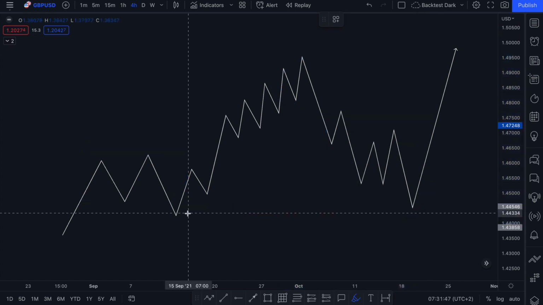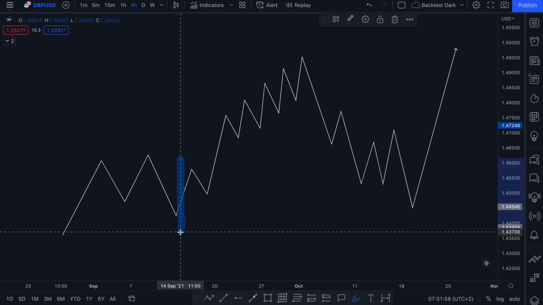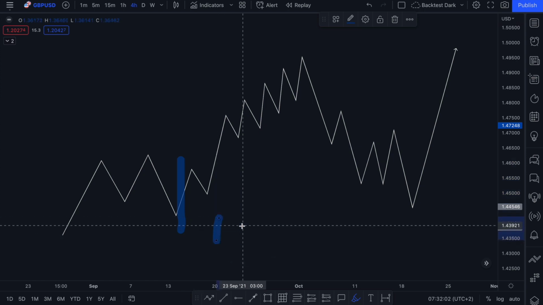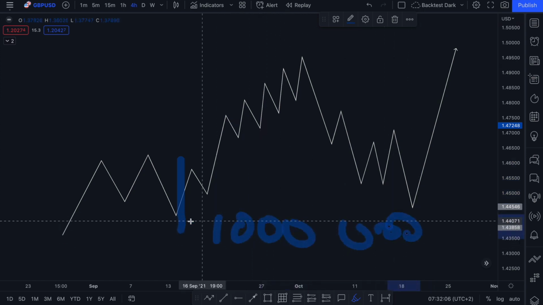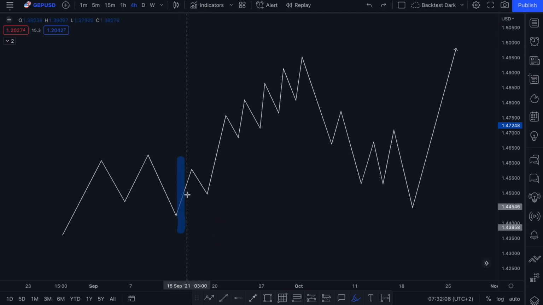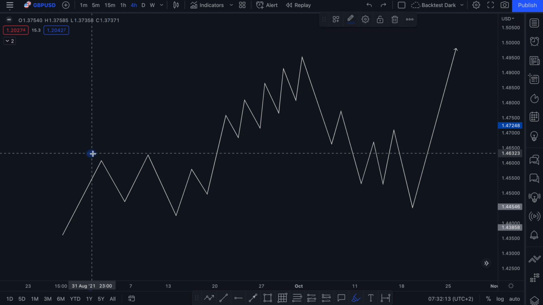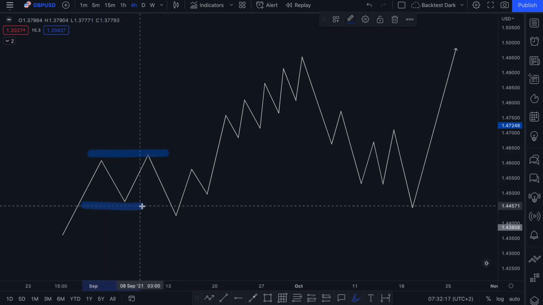At the open of the London session, this financial institution would like to get involved in GBP USD. But at this point, there isn't enough liquidity for them to execute on their 1 million lots, because prior to the London open, the only liquidity available for them to grab would be the Asian session high and the Asian session low.